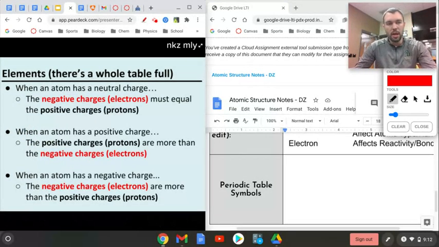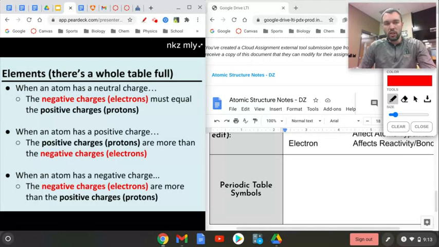They must have both. So if we have a 0 charge, they must be equal. We might have 10 protons and 10 electrons, so that's 10 pluses and 10 minuses. We might have 5 and 5. We might have 20 and 20. We might have like 192 and 192. It doesn't really matter, but we know that they must be equal to each other.